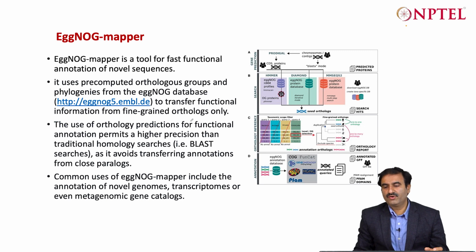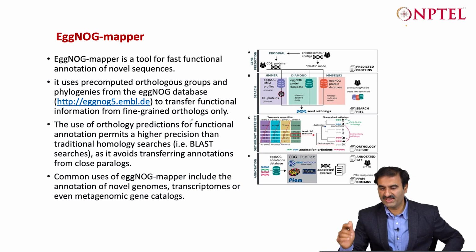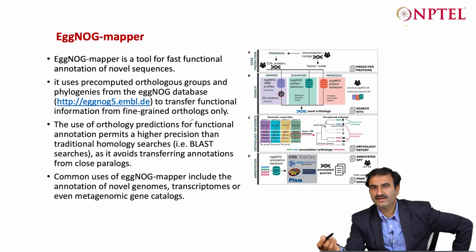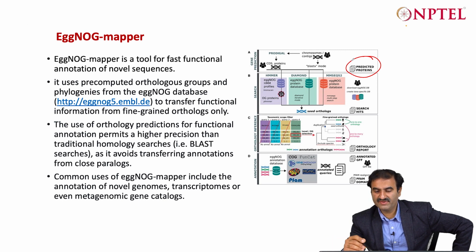So it has a tool called eggNOG-mapper, which can do this from scratch. You can even provide metagenomes or genomes or a predicted set of proteins. It will use a search engine based on HMMER, Diamond and MMseqs2, and compare against its own eggNOG database.